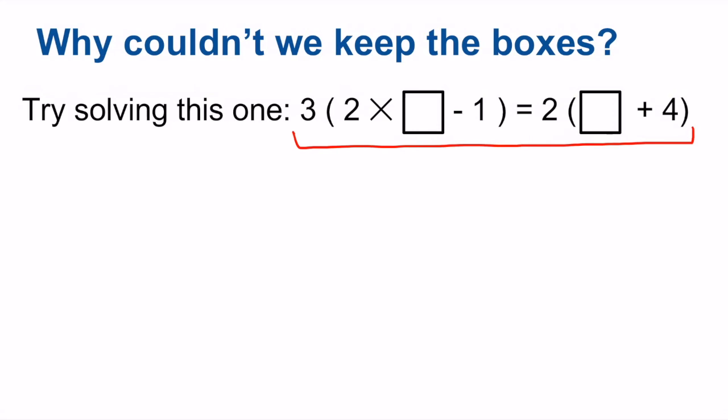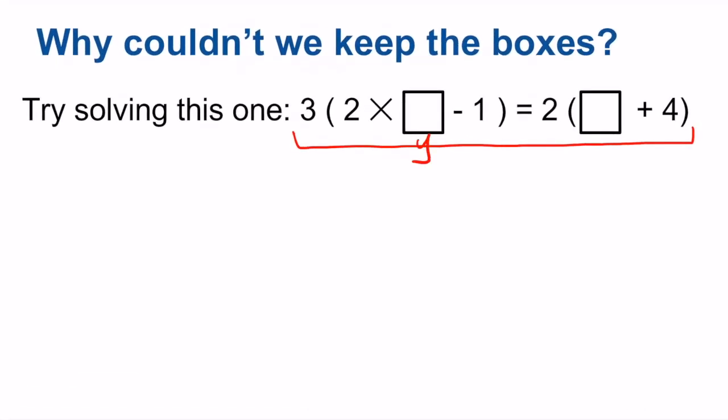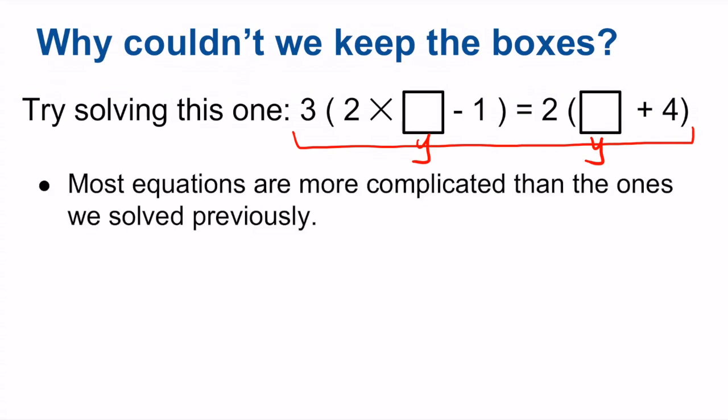Well, that's exactly why we have to use letters, because we don't know whether these boxes are supposed to be the same or different. So if I were to label these things y, then I would know that I'm solving for some value y, some letter, some box, but these would both be the same. So this is why we couldn't actually keep the boxes.